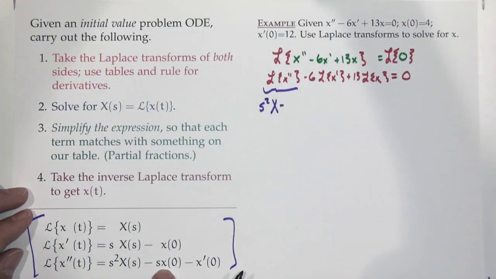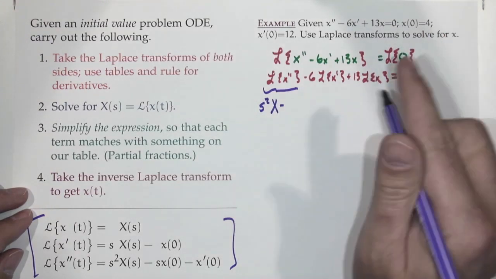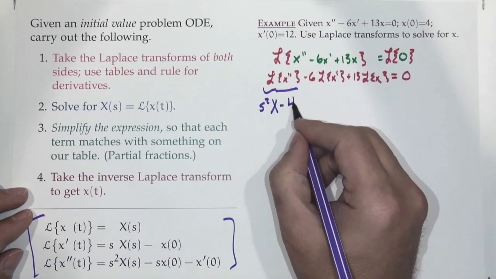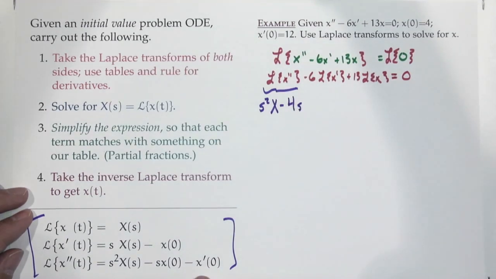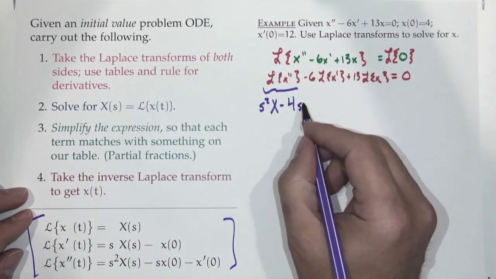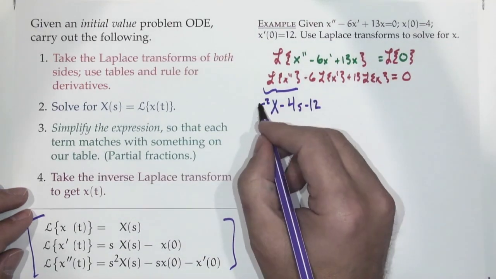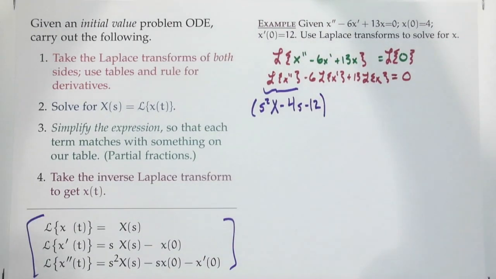Well, what is x of 0? It's 4. So minus 4s, minus x prime of 0, which is 12. Okay, so that's the Laplace transform of x double prime.